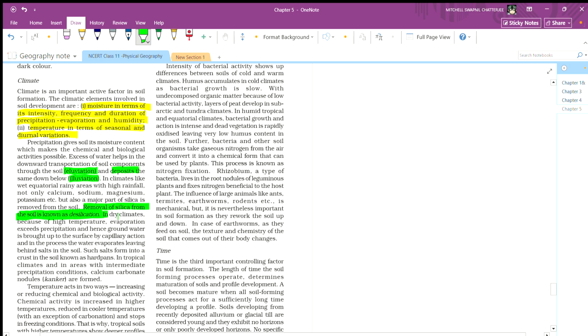In dry climate, because of high temperature, evaporation exceeds precipitation, and hence groundwater is brought up to the surface by capillary action. In the process, the water evaporates, leaving behind salt in the soil. Such salt forms into a crust in the soil known as hard pan.